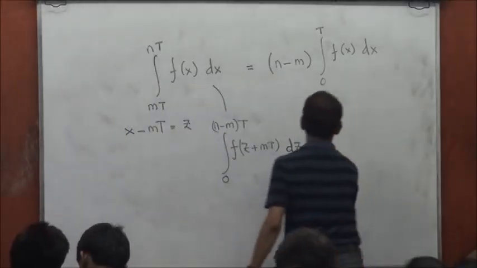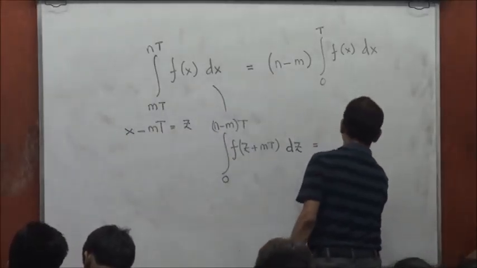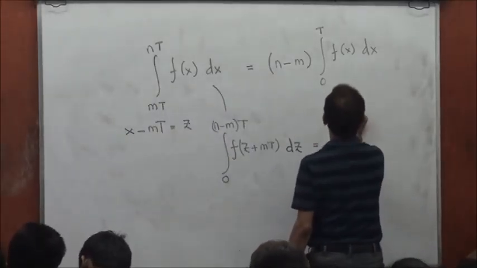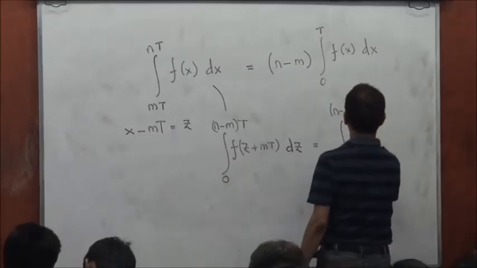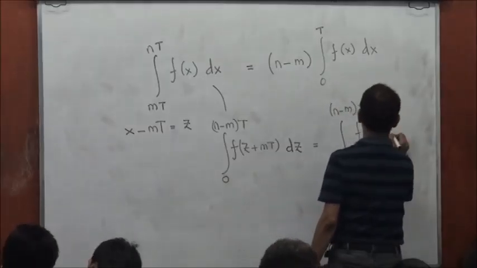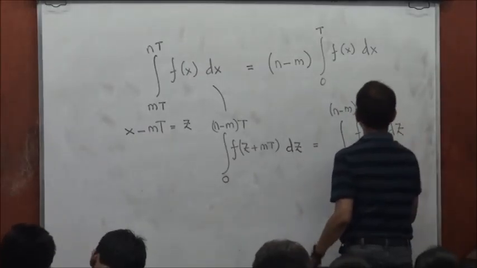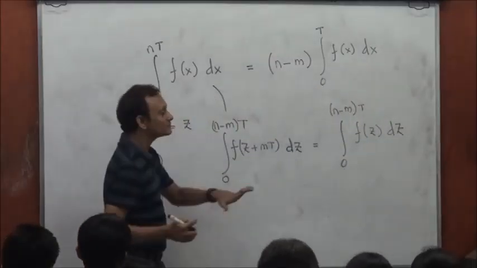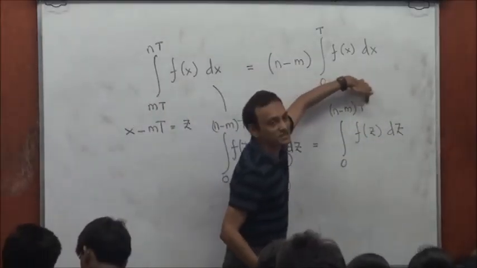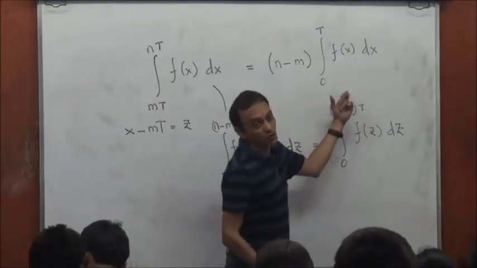The integral from 0 to an integer times t would be that integer times the integral from 0 to t.